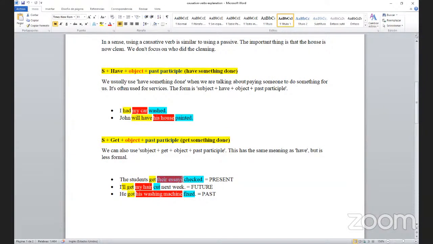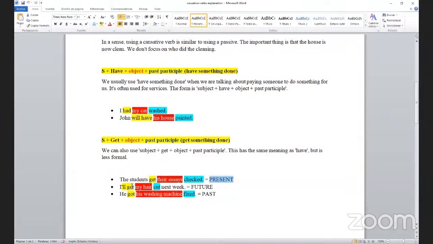Their essays, and the past participle, the action, checked, in simple present. What is the translation for this? Los estudiantes consiguieron o consiguen sus ensayos como que tiqueados, revisados. Okay.